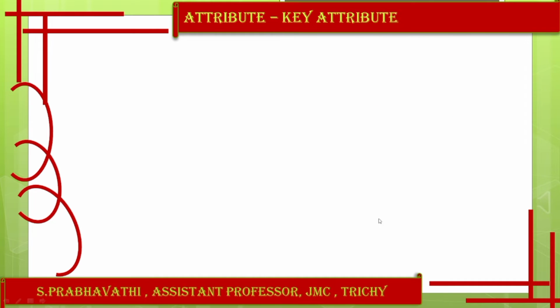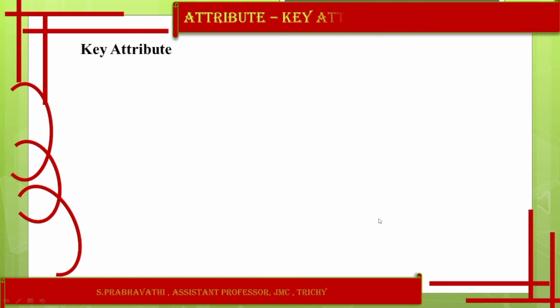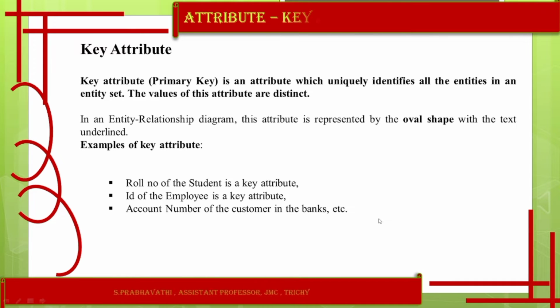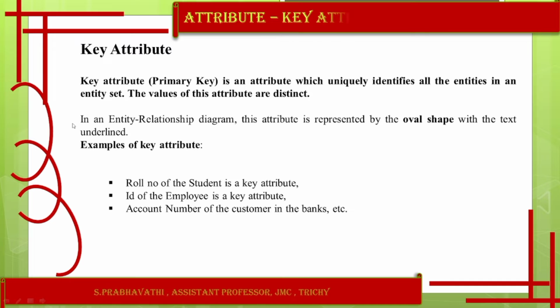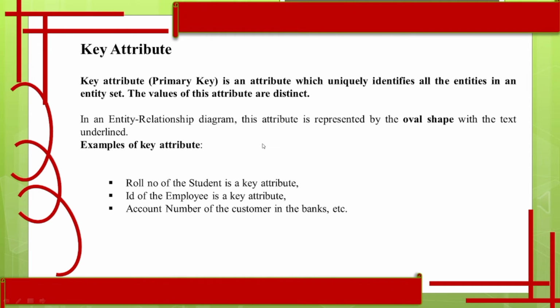Next one is the key attribute. The key attribute, or primary key, is an attribute which uniquely identifies all the entities in an entity set. The values of these attributes are distinct, meaning without duplicates. In an entity relationship diagram, this attribute is represented by an oval shape with the text underlined.